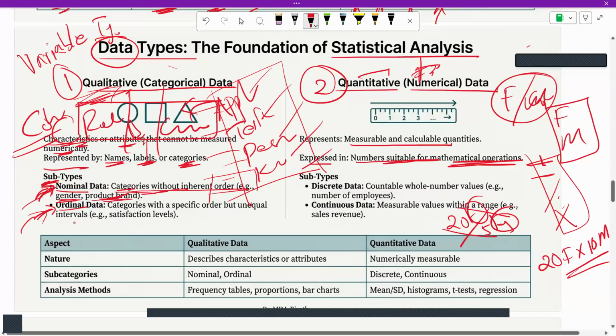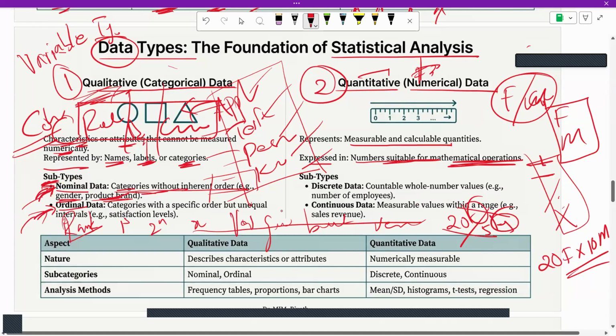And the second level, ordinal data. Order. First rank, second rank, third rank. And very good, good, bad, very bad. It has an order.